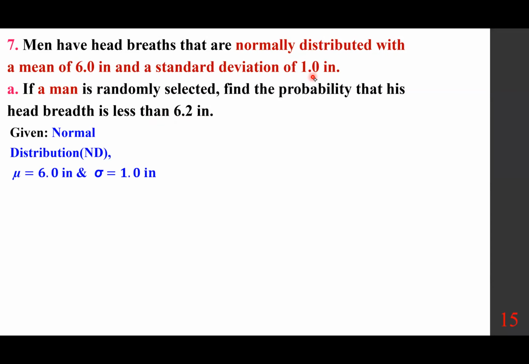So mu and sigma. We want the probability of x less than 6.2. We're going to calculate the z, x minus mu over sigma.